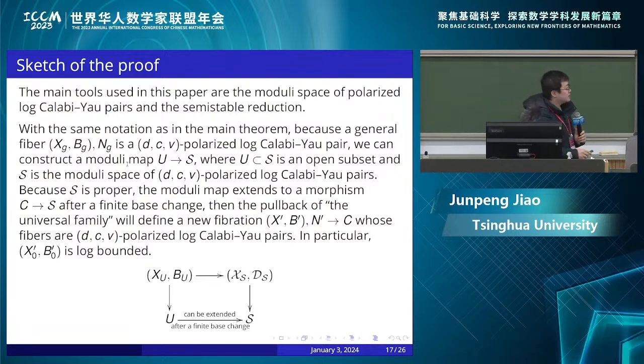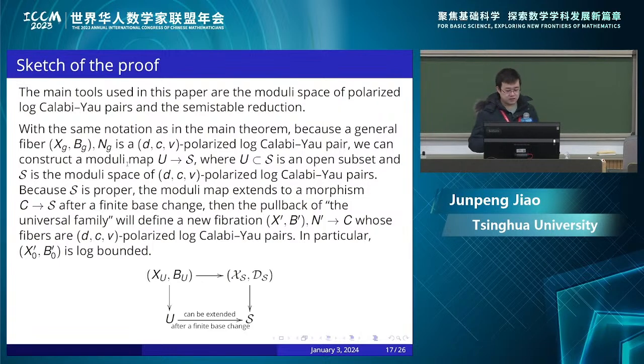This new fibration is different from the original one, X, B to C. But they have the same generic fiber, because over the same generic fiber, their moduli spaces are the same. In particular, the central fiber of the new fibration is log bounded, because it is just a pullback of the universal family.